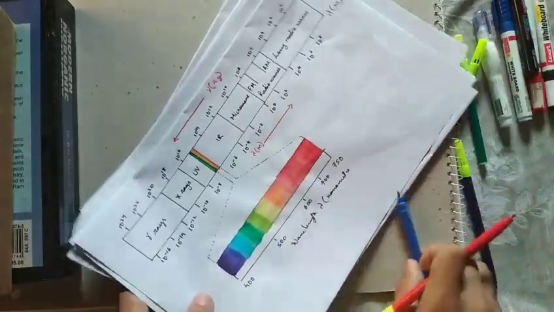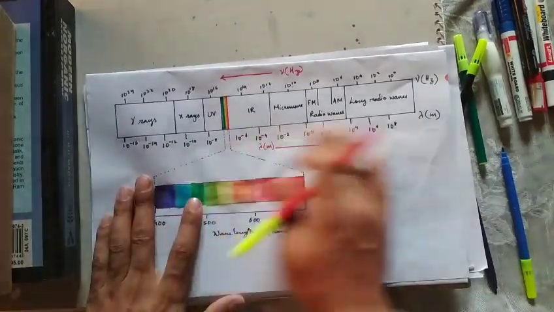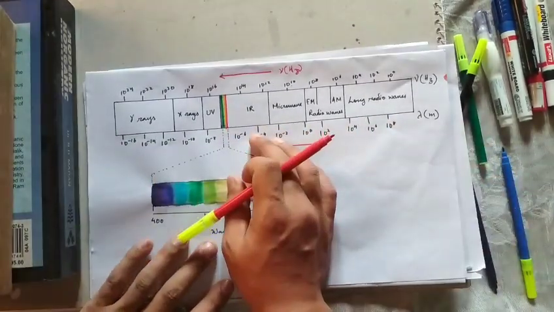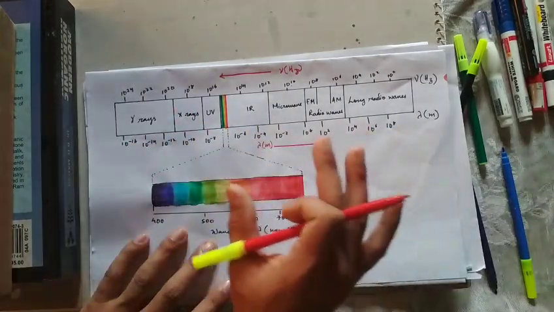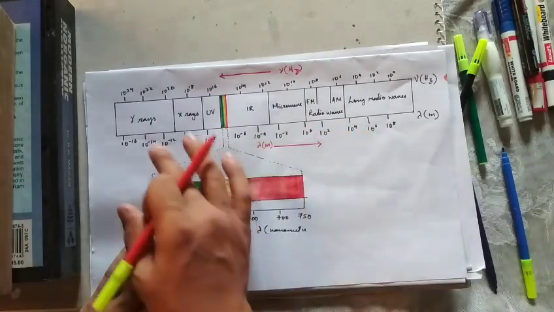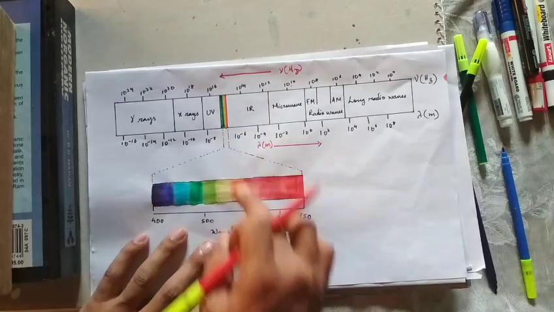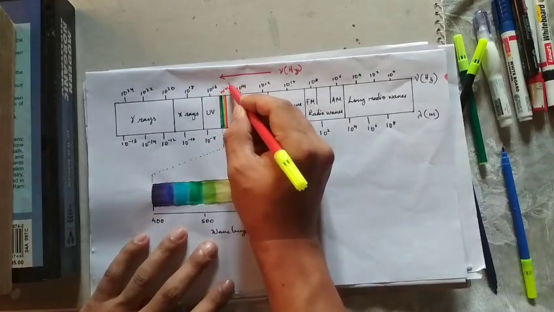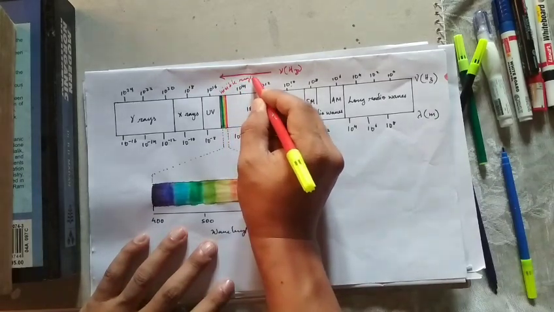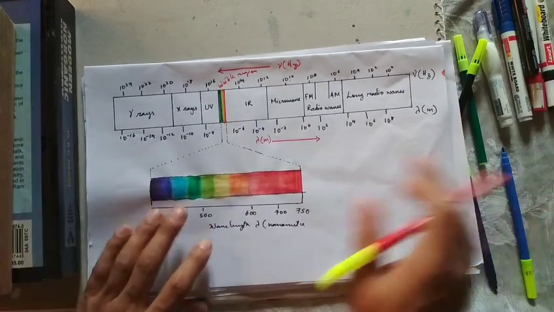So the sun emits electromagnetic radiations. The electromagnetic radiations have different wavelength and different frequency, but only the visible region is visible to the human eye.